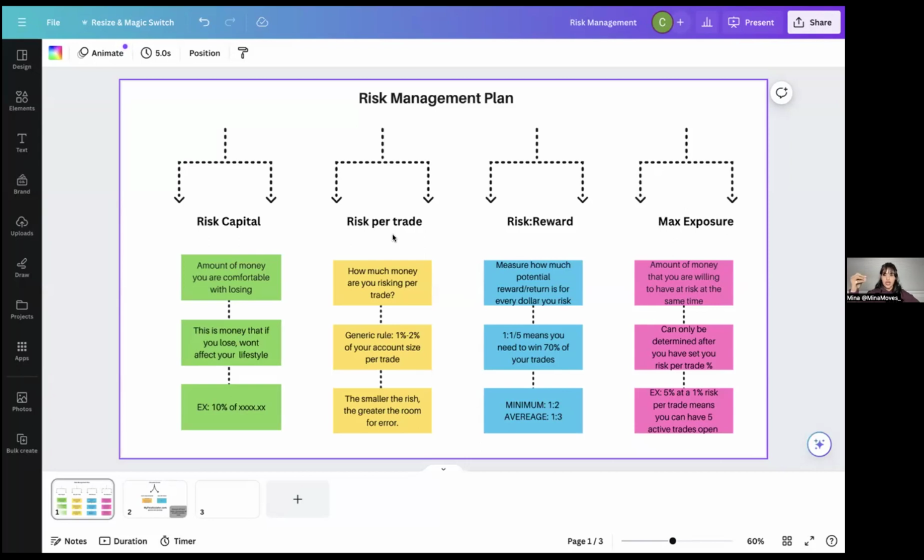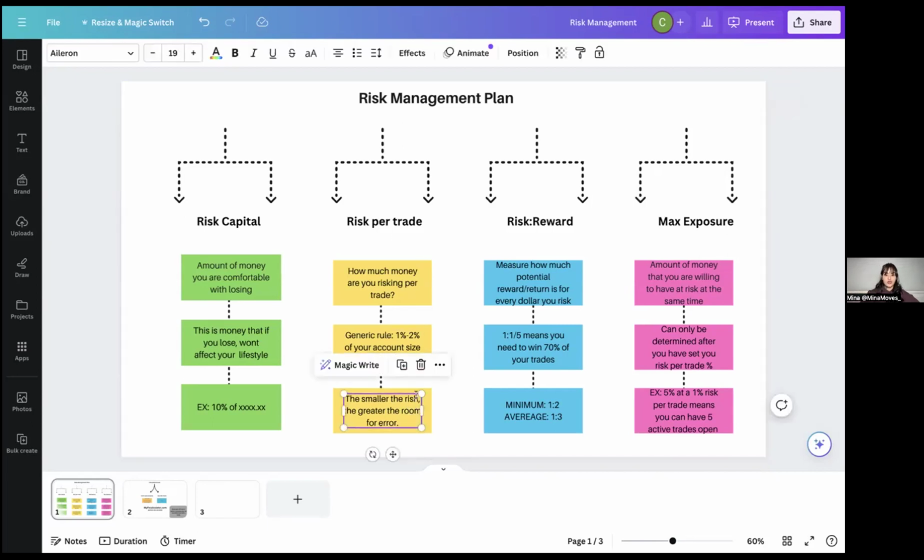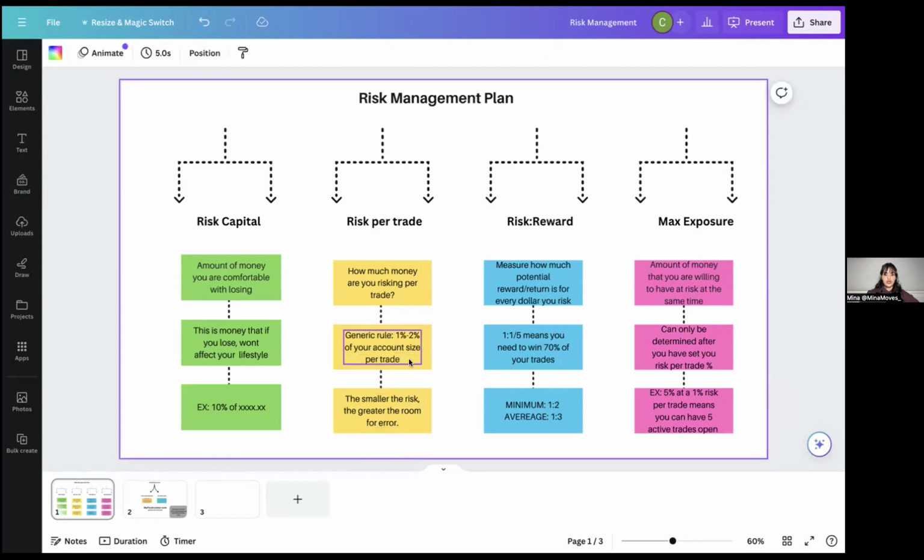When you work your way up, it'll be $50 a day. You'll work your way up to $100 a day. And by the end of the 90 days, you should be very comfortable with the amount of money that's coming in. Remember, the smaller the risk, the greater the room for error.